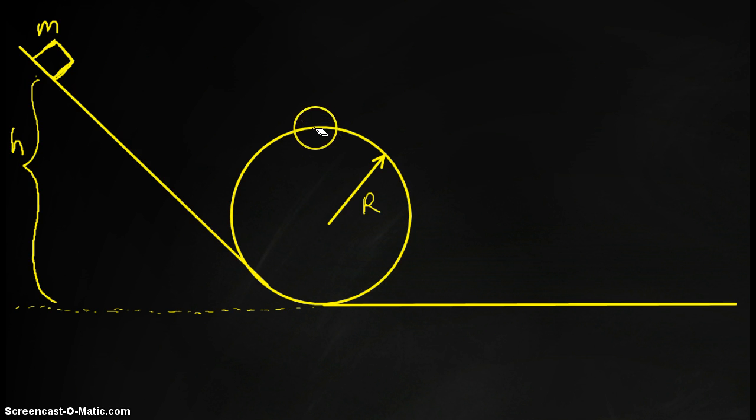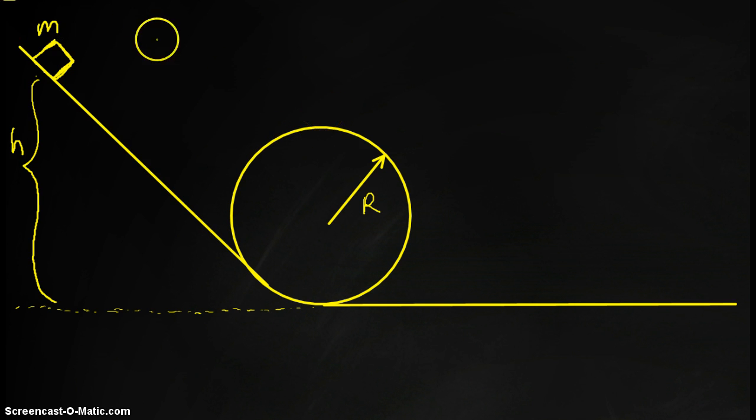So since the object will have its minimum speed right at the top, we can concentrate on this top point of the circle, and on this point we want the normal force between the object and the track to be almost zero, right? Of course it shouldn't be less than zero, because there is no negative normal force between two surfaces. So the minimum it can be is zero if it will continue its motion without leaving the track.